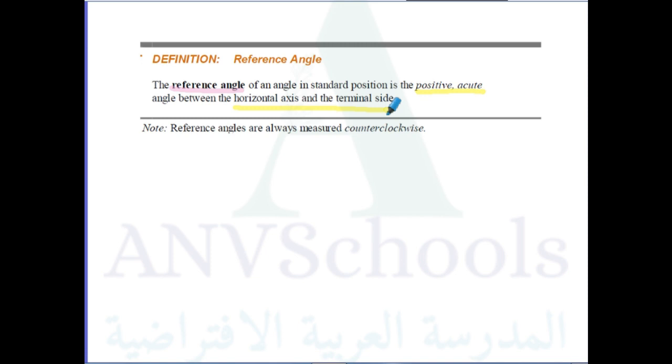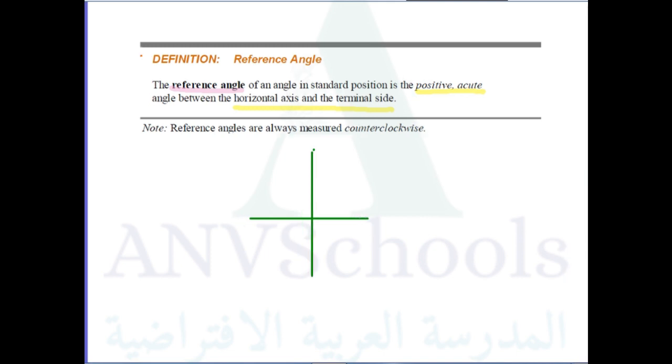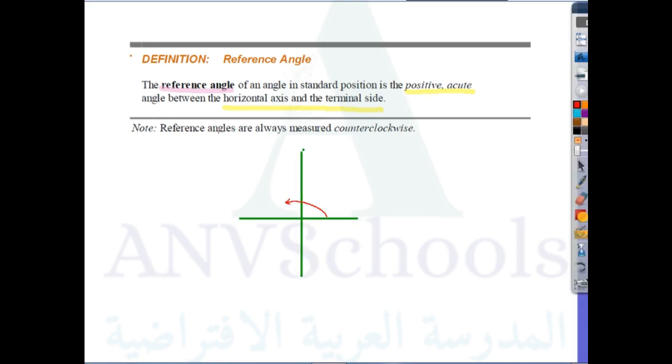So what does it mean? A reference angle, take note, is the positive acute angle between the horizontal axis and the terminal side. So let's consider an angle. Let's draw a Cartesian axis and draw an angle.